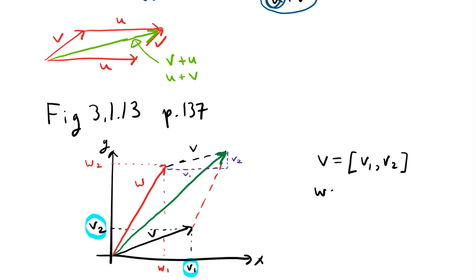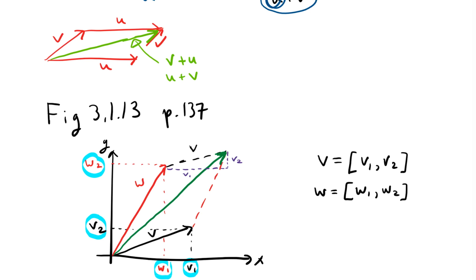And w in red also starts at the origin, and you can see that it's got two coordinates as well, w1 and w2. Those are the x and y coordinates of the terminal point of w, but that also corresponds to the coordinates of w, because w, just like v, starts at the origin. So this is (w1, w2).